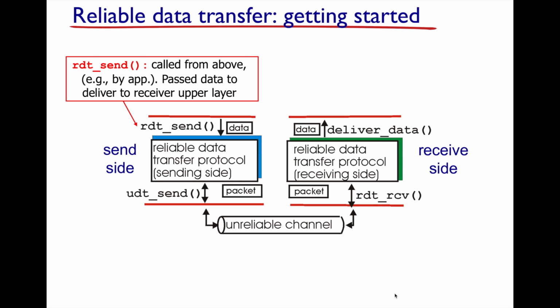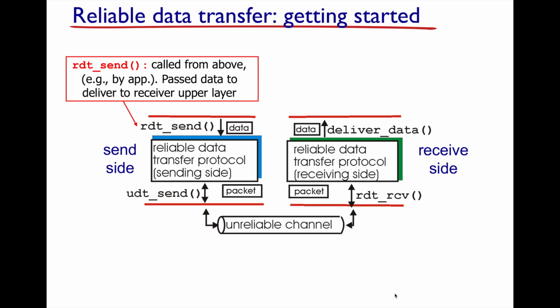The network layer is unreliable, and so the transport layer calls unreliable data transport send. And of course, either that packet gets through or it doesn't. So the transport layer on the sender side has to engage in a bunch of actions, which we'll talk about. Likewise, on the receiver side, it has to engage in a bunch of actions in order to ensure this reliability.